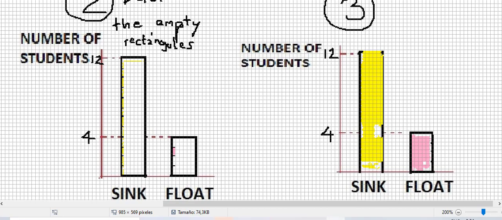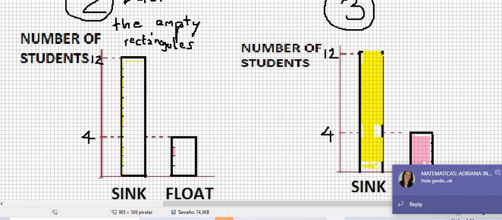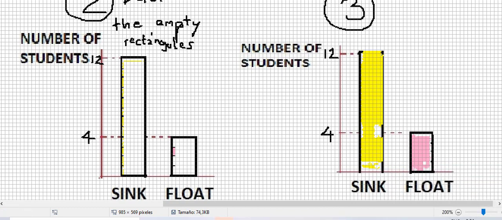And at the end, it's really important to identify what kind of information is here. For this reason, you need to include a title. It's really important. Don't forget it. Include the number, what kind of characteristic those numbers, 12 and 4, represent, and what is the title of this bar graph?